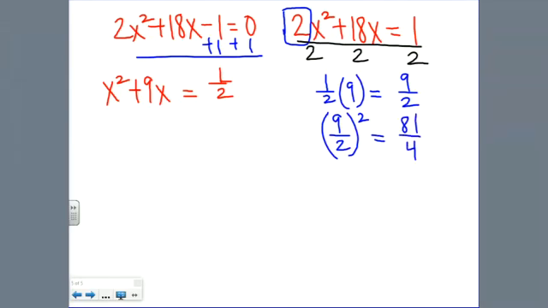And we saw earlier that was 81 over 4. That 81 over 4 is what you add to both sides of your equation.